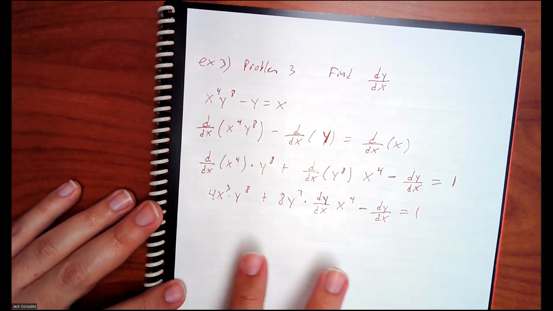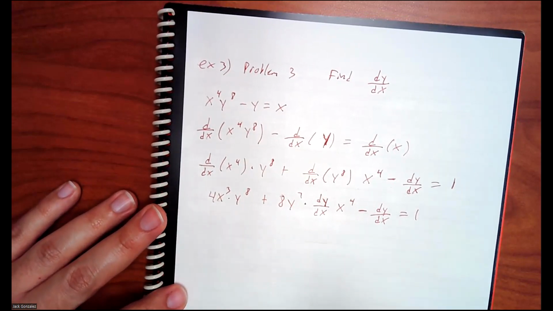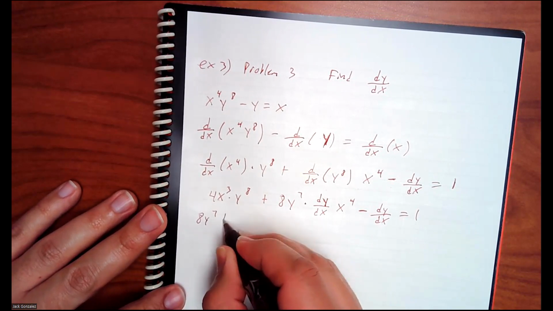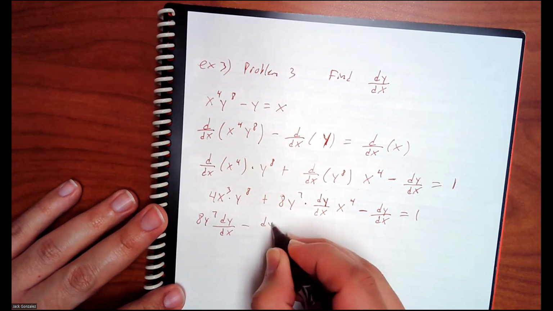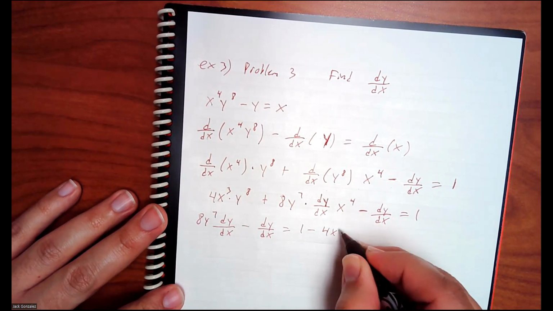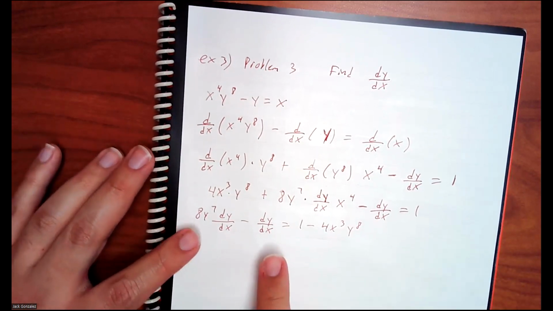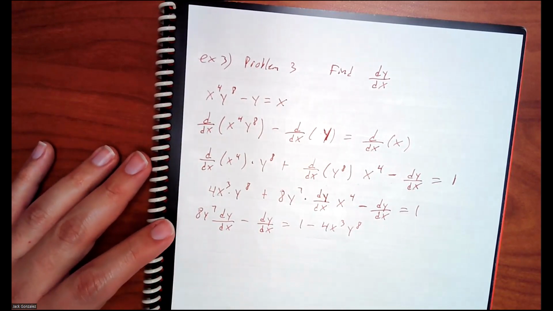So this term doesn't have one, but the rest do. So I'm gonna move that guy over here. Let me get 8y7 dy dx minus dy dx equals 1 minus 4x cubed y8. So factor dy dx out of here so you can divide the rest out.